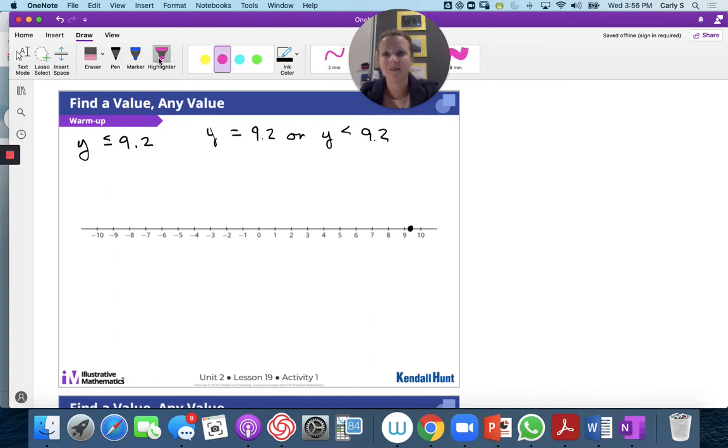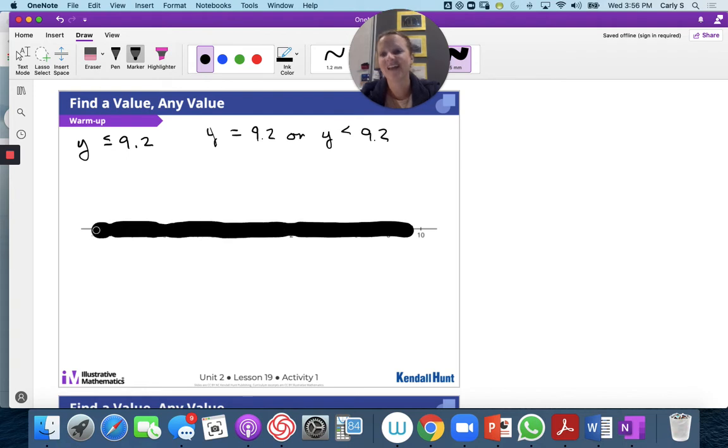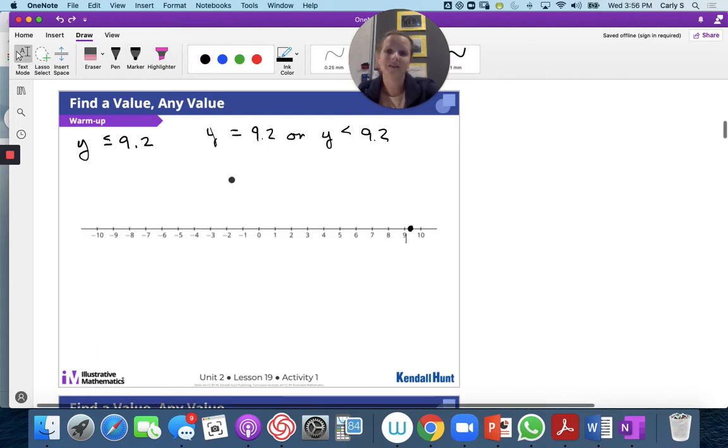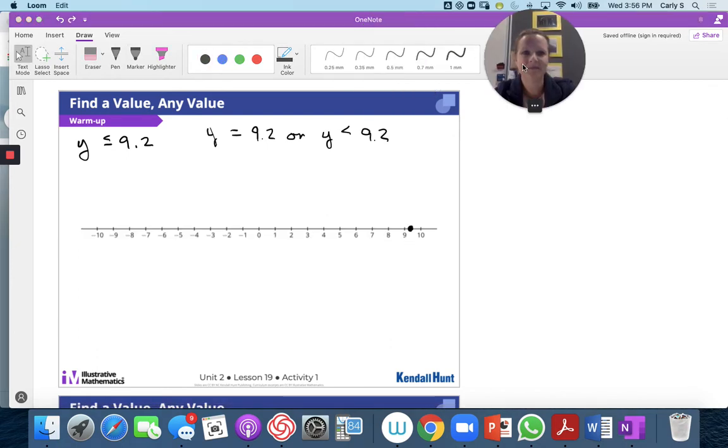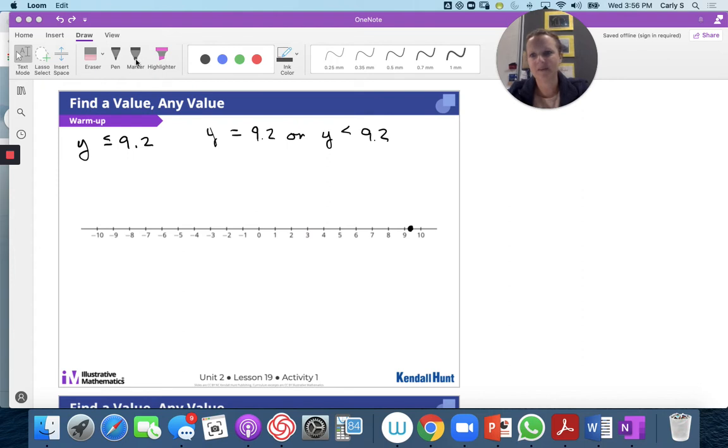Then I can use a marker. My solution can be anywhere below 9.2. I like the marker idea, but that was a little too thick.